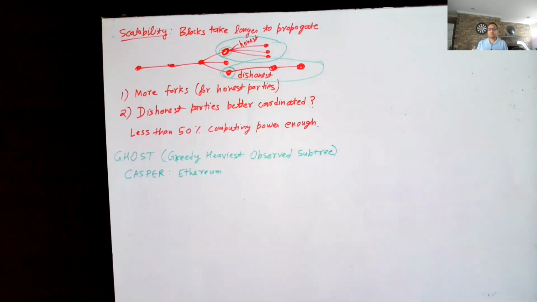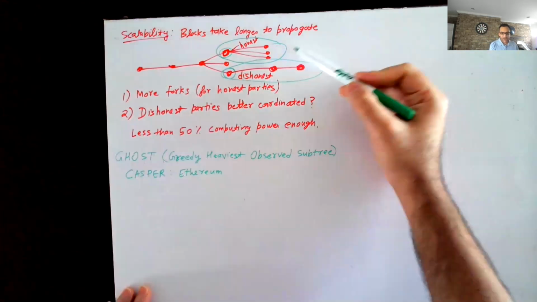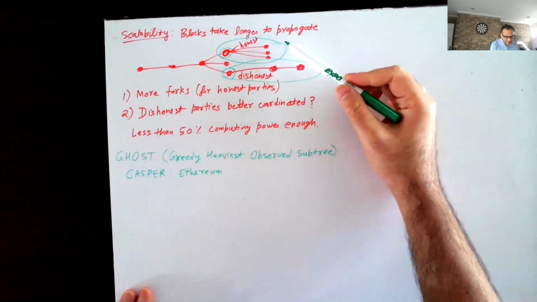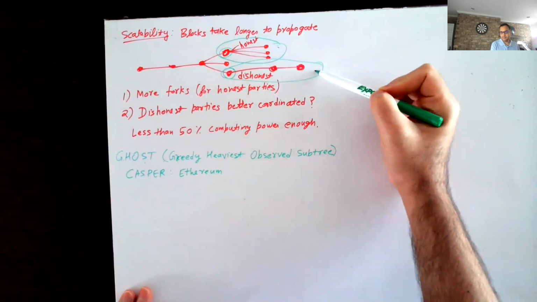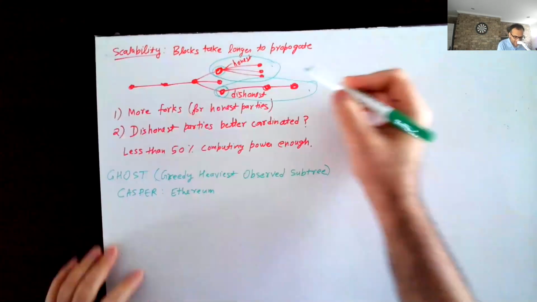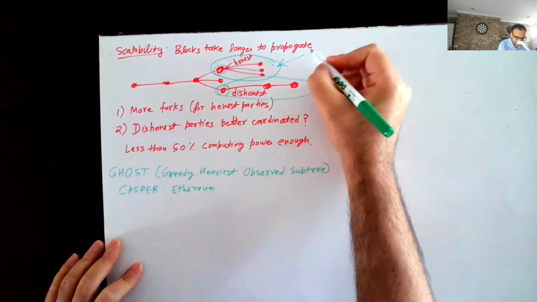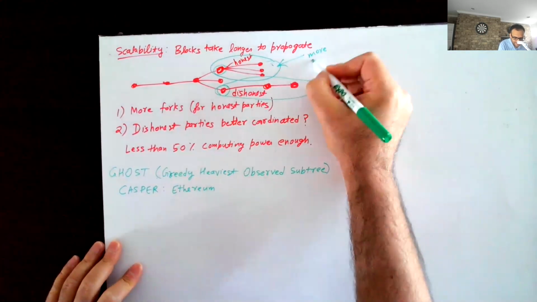A lot of forks in some sense show you that more computing power was invested in this branch as opposed to this branch, right? So here you can see more computing power.